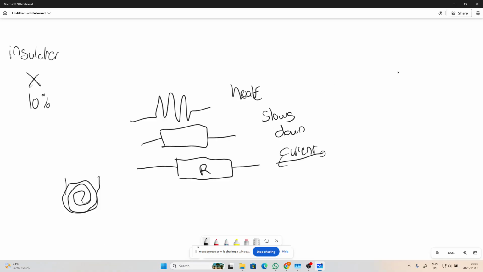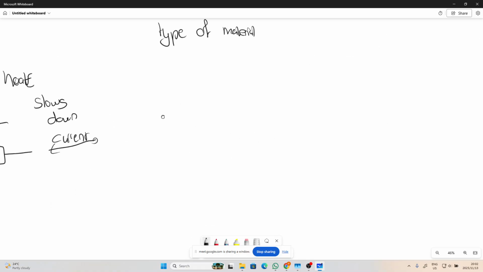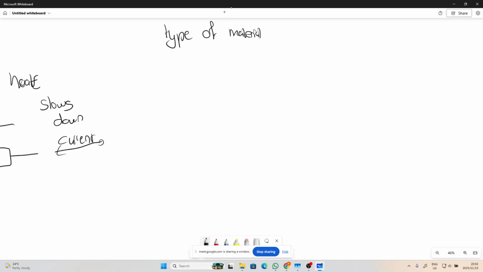Resistance is dependent on four things: the type of material. Do you have a piece of plastic or do you have the greatest quality copper you can get? Number two, the length of the wire.